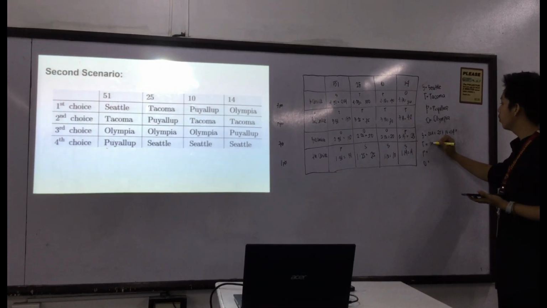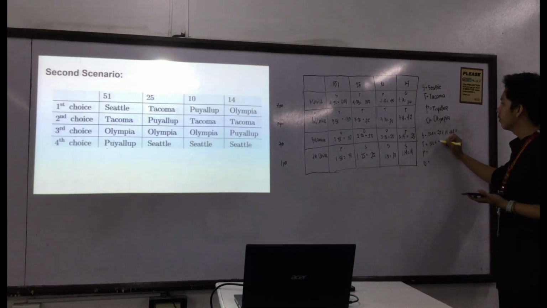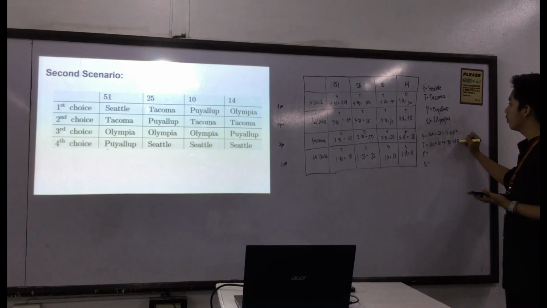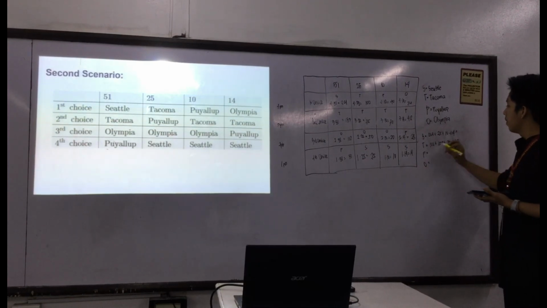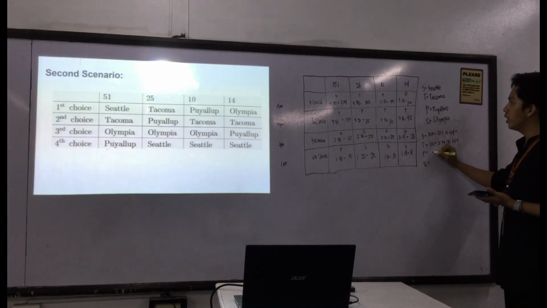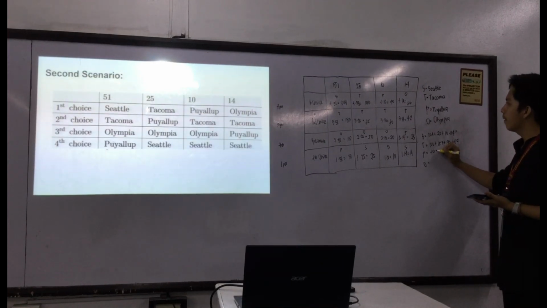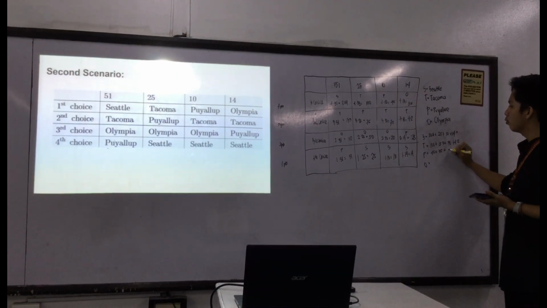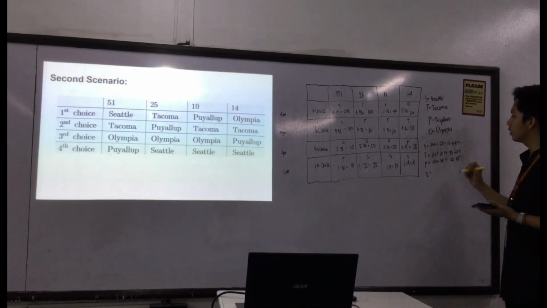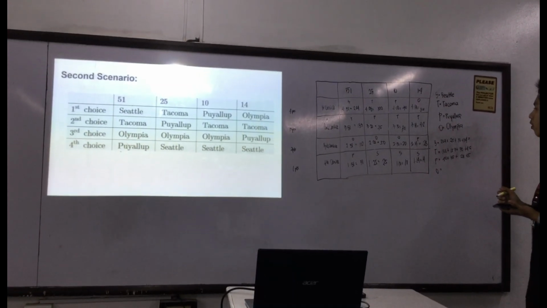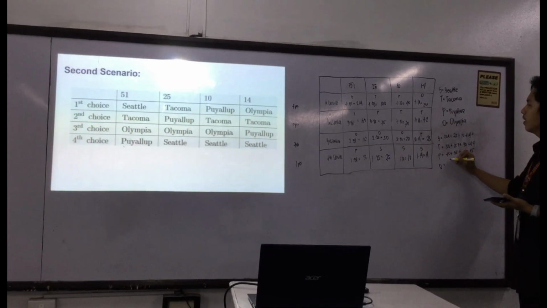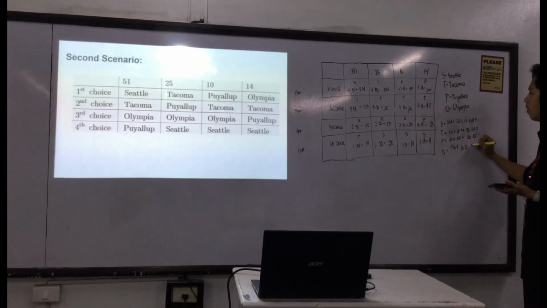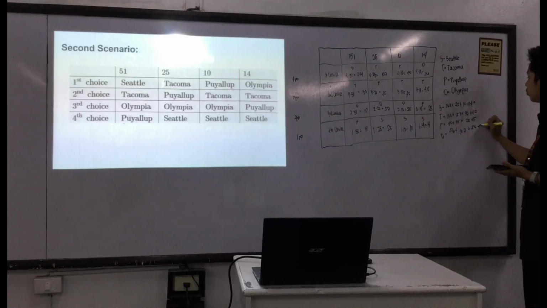Tacoma is equal to 100 plus 153 plus 30 plus 42. Then Wheel is equal to 40 plus 75 plus 28 plus 51. Then the Olympia is equal to 56 plus 102 plus 50 plus 20.